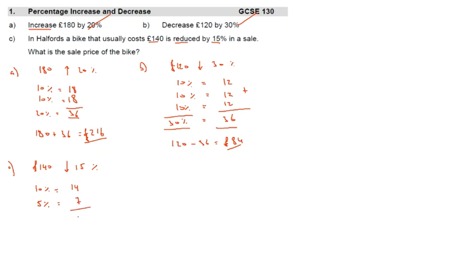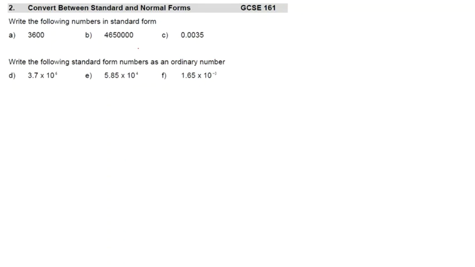That'll be 7. Add them together and you get 21. That's 15%. Remember, it's a decrease question. So you do 140, take away 21, gives you 119 pounds for the new price. Done.